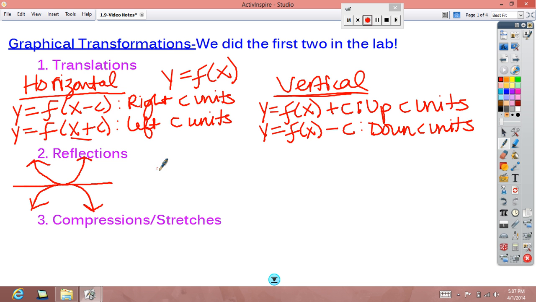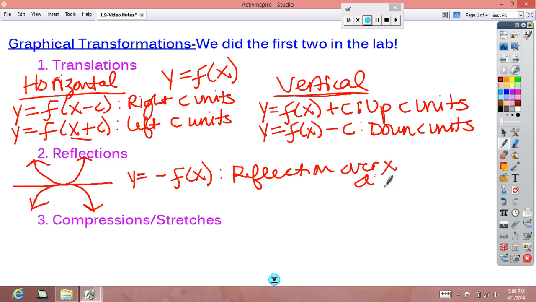The reflection rule is y equals negative f of x. When I see that negative, that's what flips it, a reflection over the x-axis. We're going to look at an example with those, and then we'll get onto compressions and stretches.